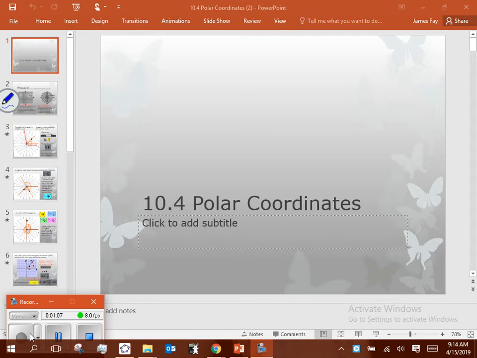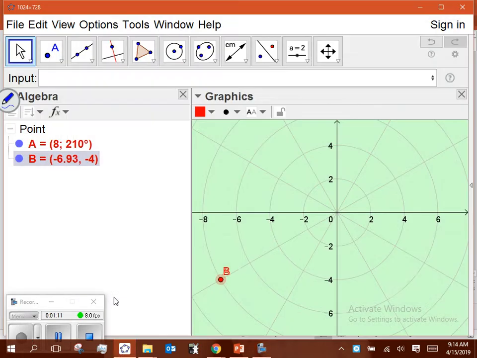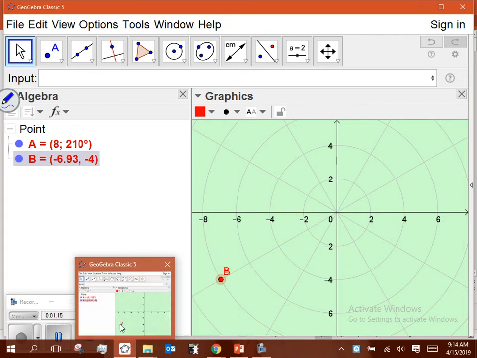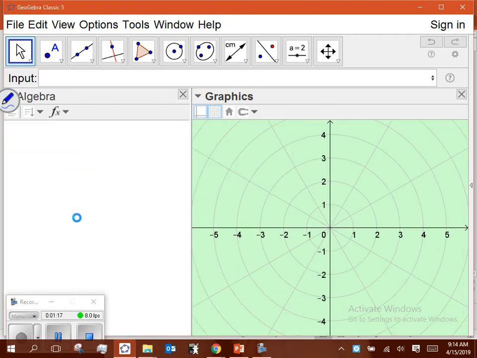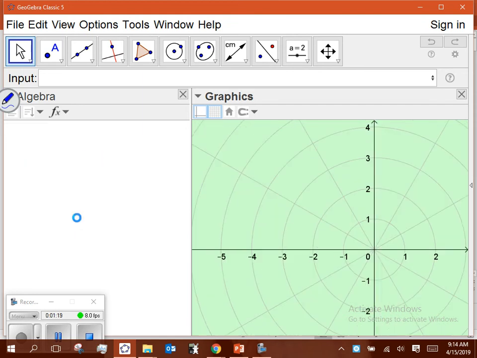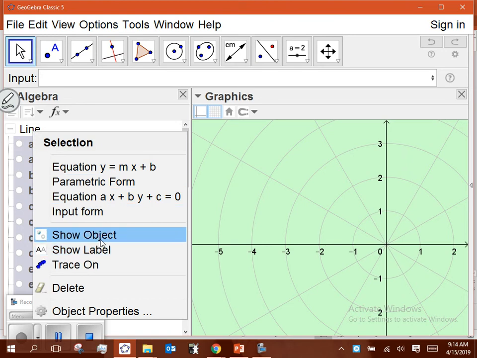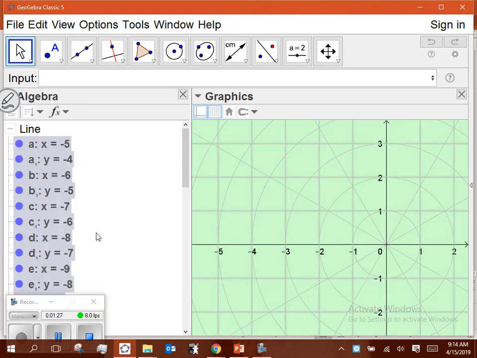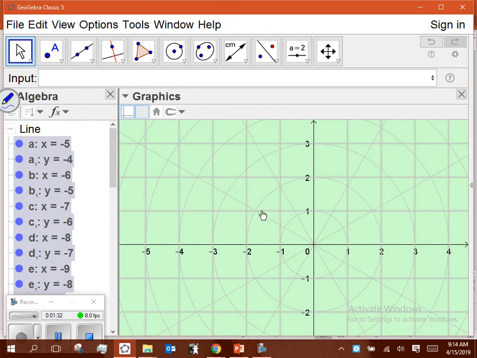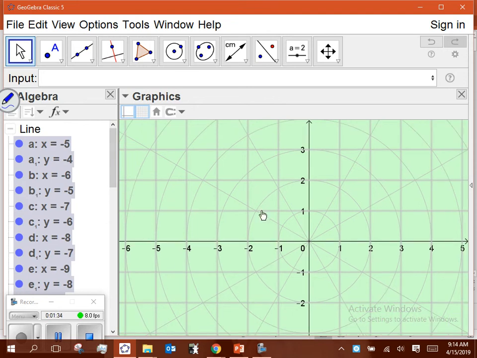Now, these two terms have been used: rectangular coordinates, polar coordinates. You guys are most familiar with plotting points based off of the intersection of vertical and horizontal lines, right?